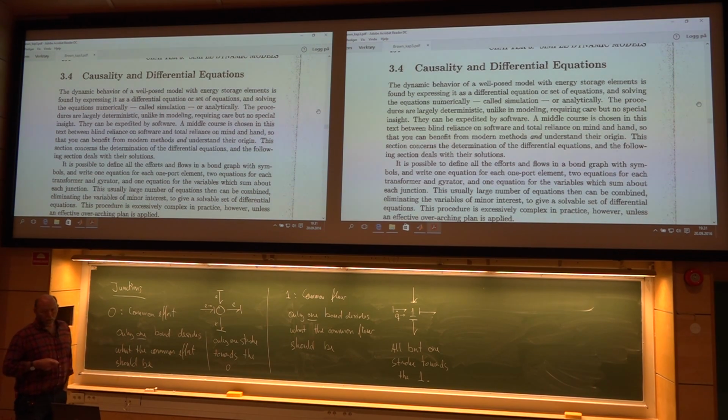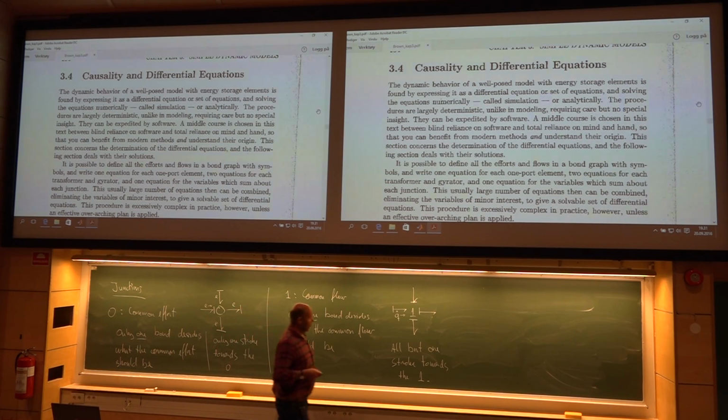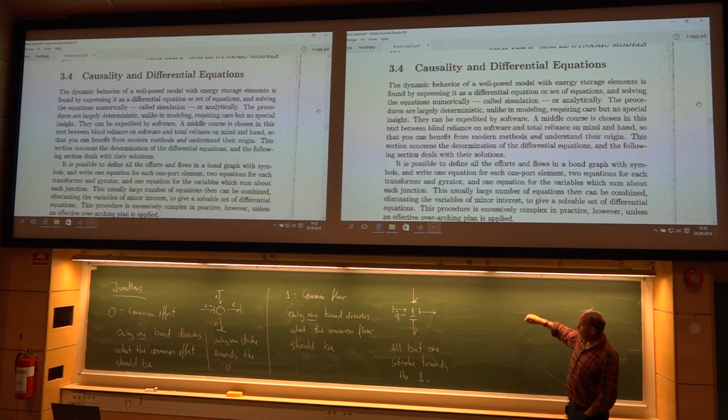You find some examples there in the text. It's actually quite boring, but you can have a look at it if you like. They call it coupled and uncoupled behavior. I can give you an example. You don't have to write this down.